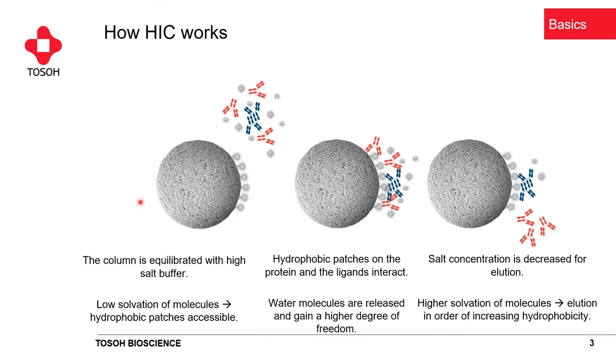This high salt concentration leads to a low solvation of the molecules and a very good accessibility of the hydrophobic parts on our analyte molecules and also on our stationary phase. If we reduce the salt concentration, we get back the solvation of our molecule, so we don't have this accessibility of the hydrophobic parts on our analytes. And finally, if we go very low with the salt concentration, they will elute.